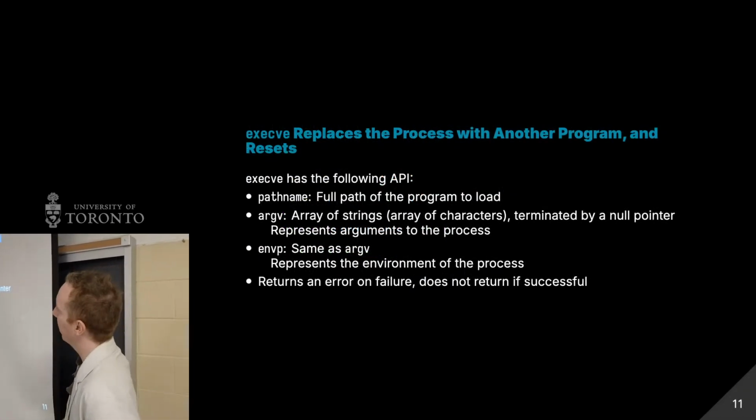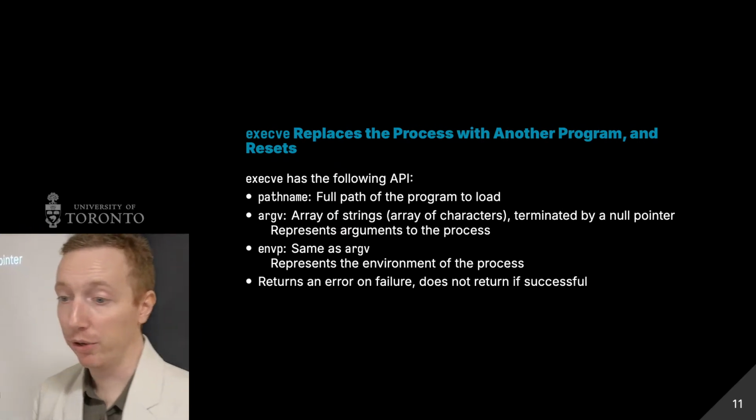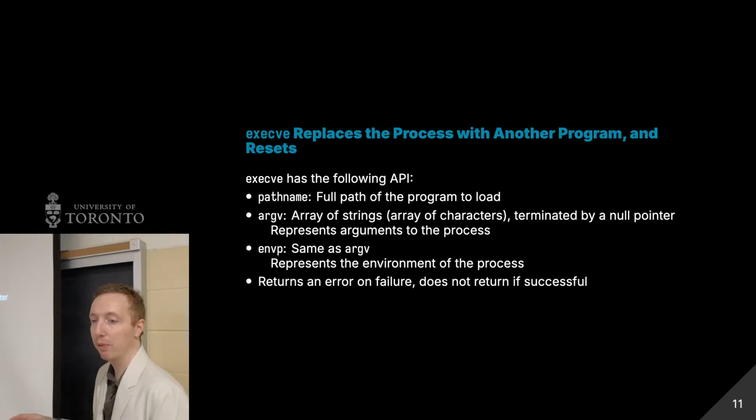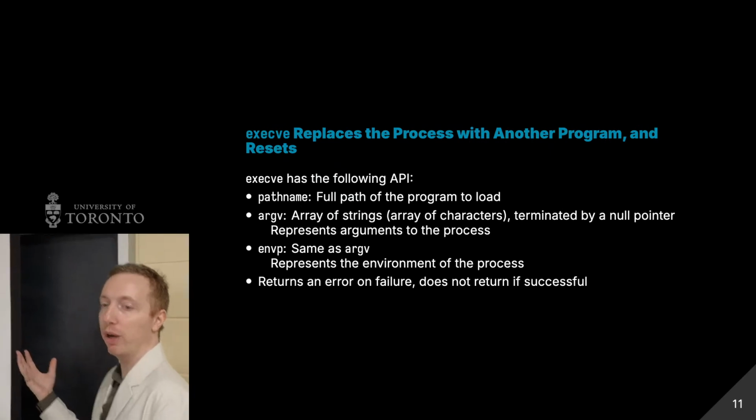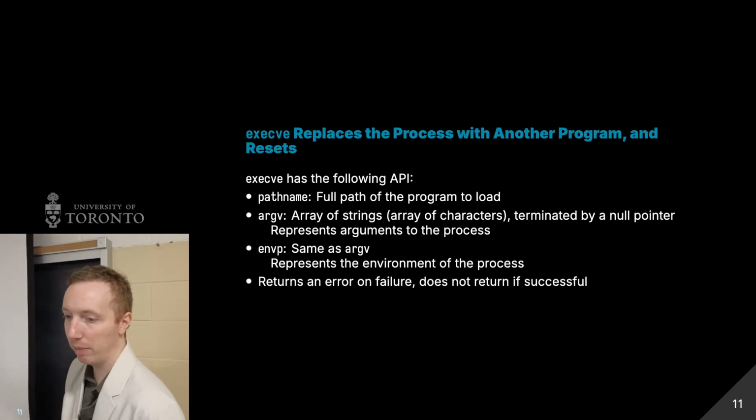So what the shell must have done is use something like this execve system call. What that does is it replaces the process with another program, resets the process control block, and starts executing that program instead.